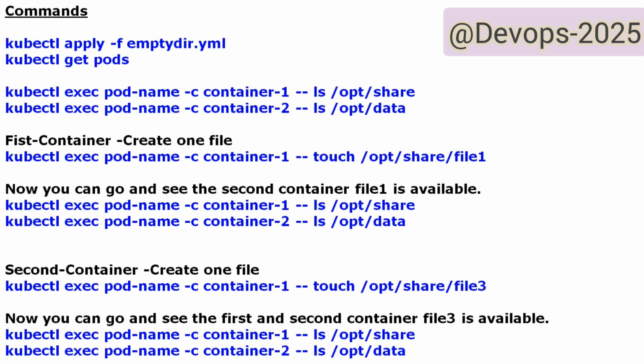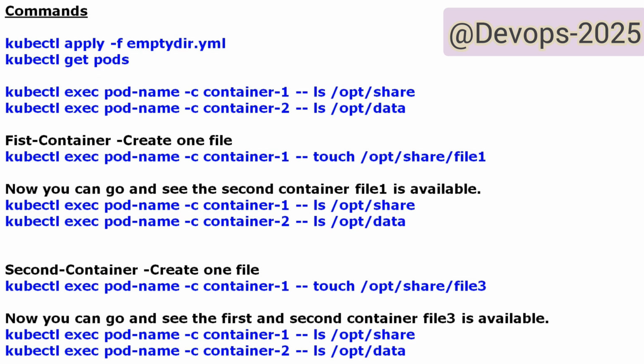EmptyDir is useful if your pod has multiple containers and you want to share data between them. But remember, it will not be available outside the pod. Only as long as the pod is there, the data will be available.